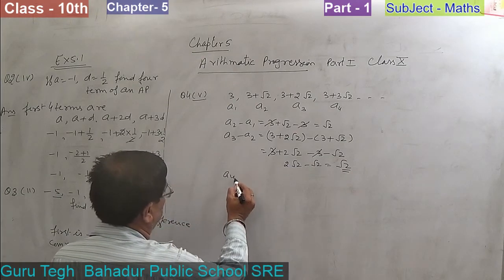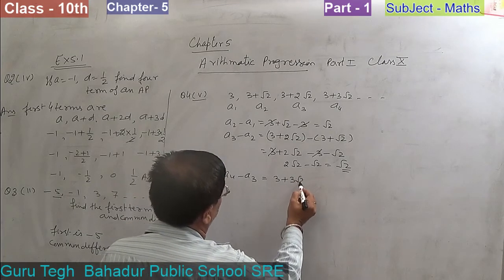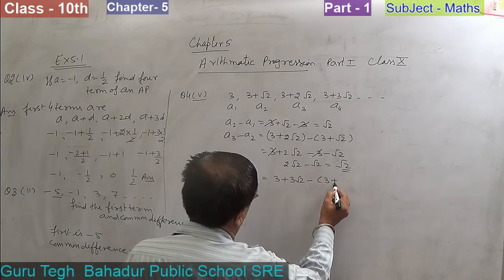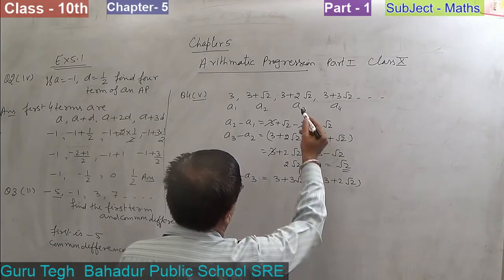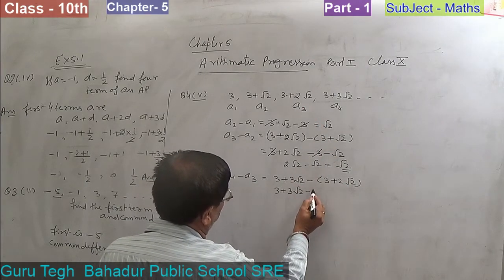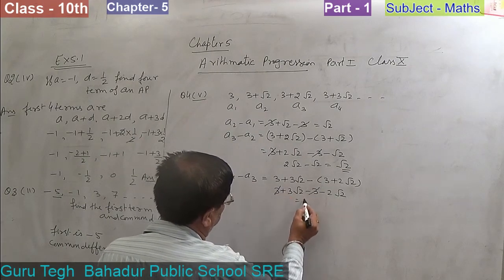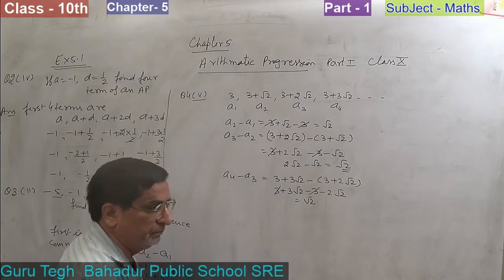a4 minus a3: 3 plus 4 root 2 minus 3 minus 3 root 2, that is root 2.